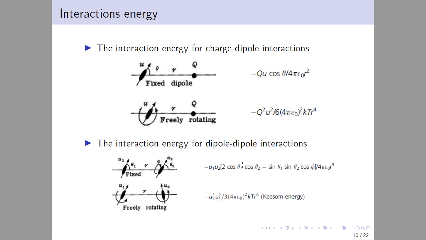We are going to get this equation for the force, and here, when freely rotating rather than fixed, we are going to get this equation, which is the Keesom energy.